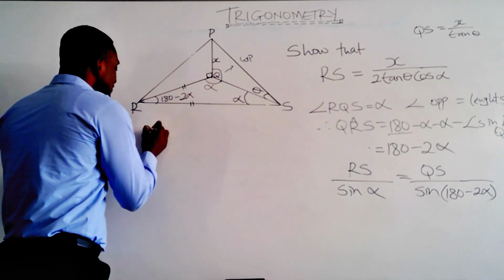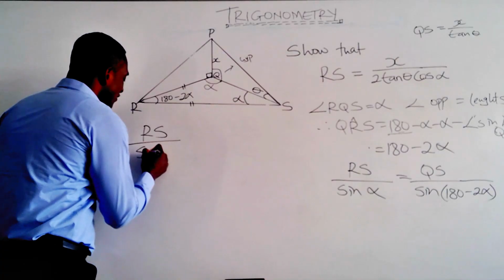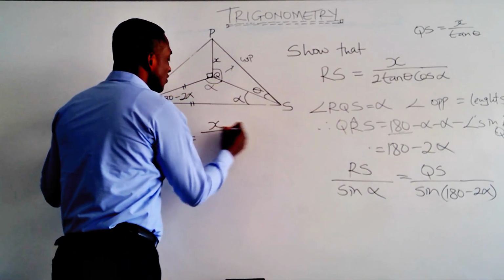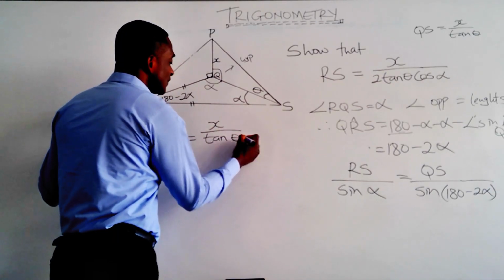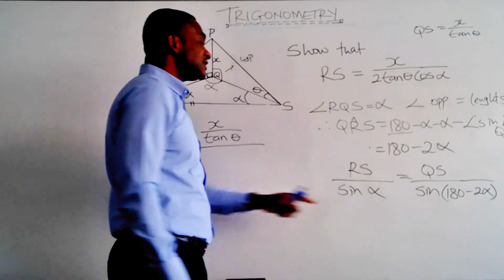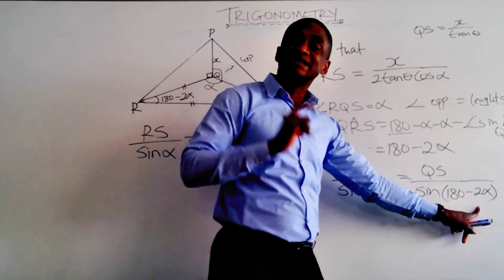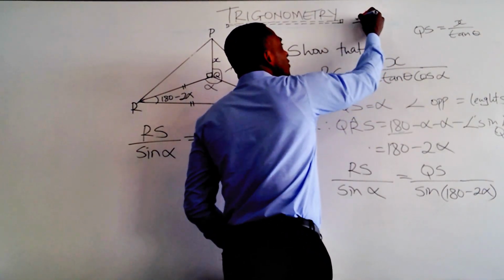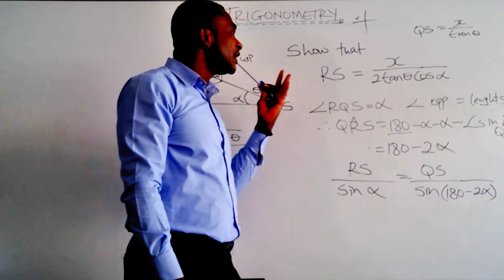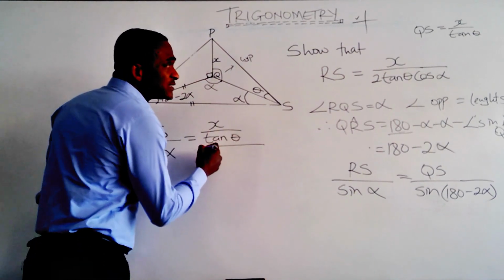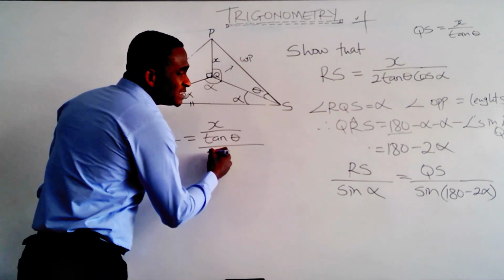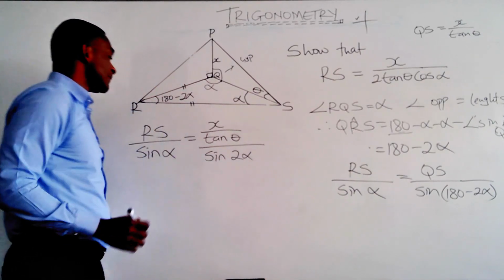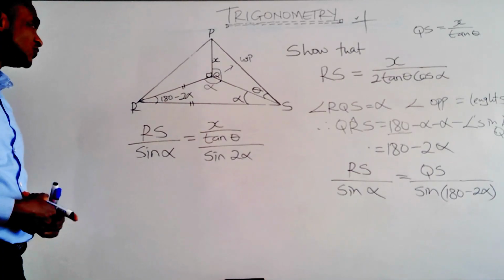We have RS over sine of alpha is equal to x over tan theta, over sine of 180 minus 2 alpha. Using the reduction formula, 180 minus anything is in the second quadrant, where sine is still positive, so sine of 180 minus 2 alpha will give us sine of 2 alpha.